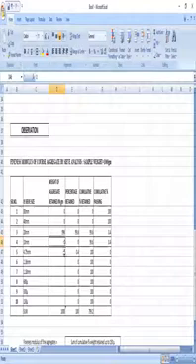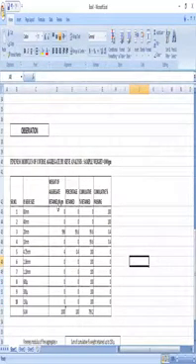Next also 0. Then 4 divided by the total weight 1000 into 100 is 0.4. For the remaining sieves there is no weight retained, so it is 0, 0 and 0 till 150 micron.